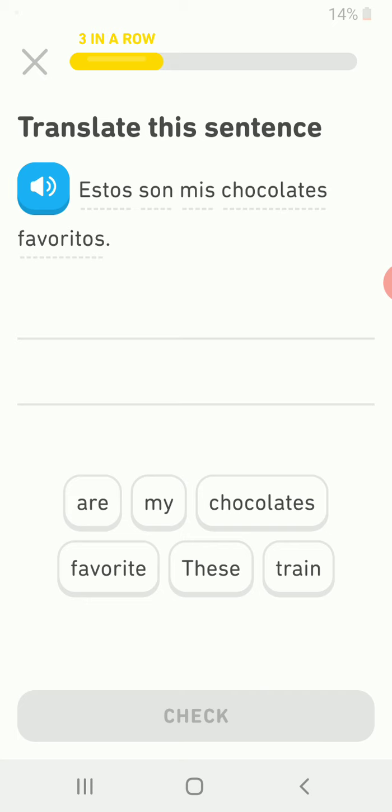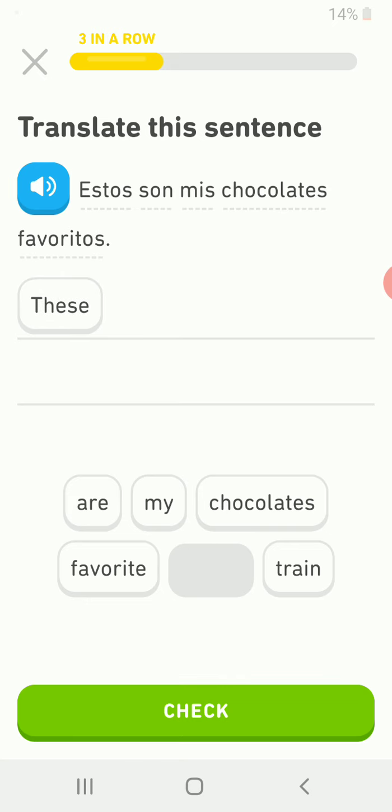Estos son mis chocolates favoritos. These, because it's plural, it's not chocolate. Chocolates. Chocolate is masculine. So the gender for the noun chocolate is masculine. So it's not este here. It's estos.